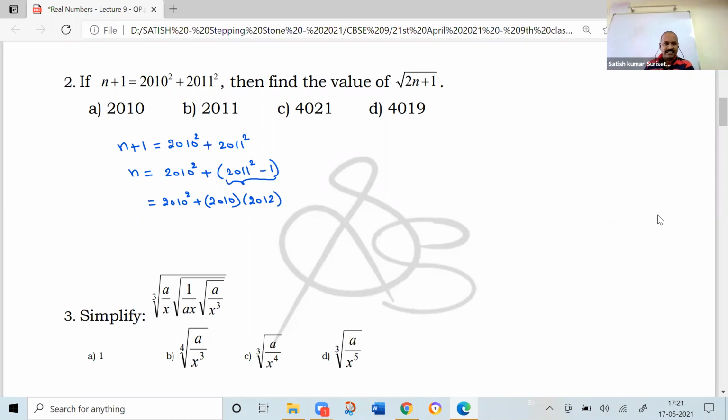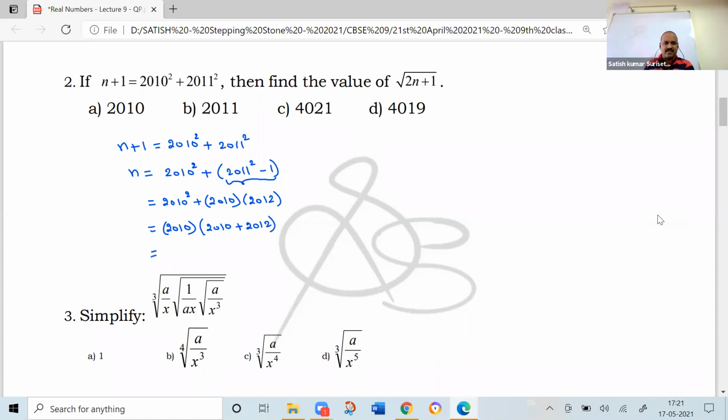In this, is there anything common now? How much is common? 2010. So if I take 2010 common, then what is the remaining now? 2010 plus 2012.